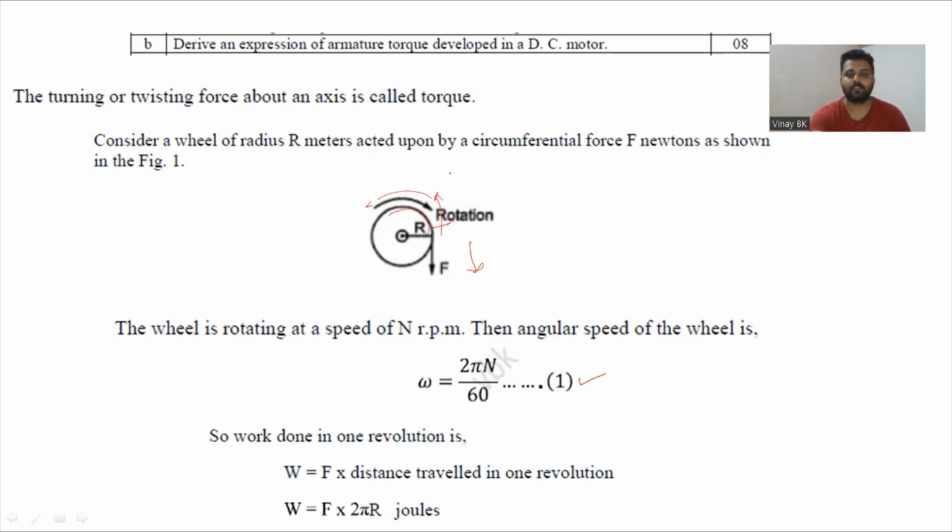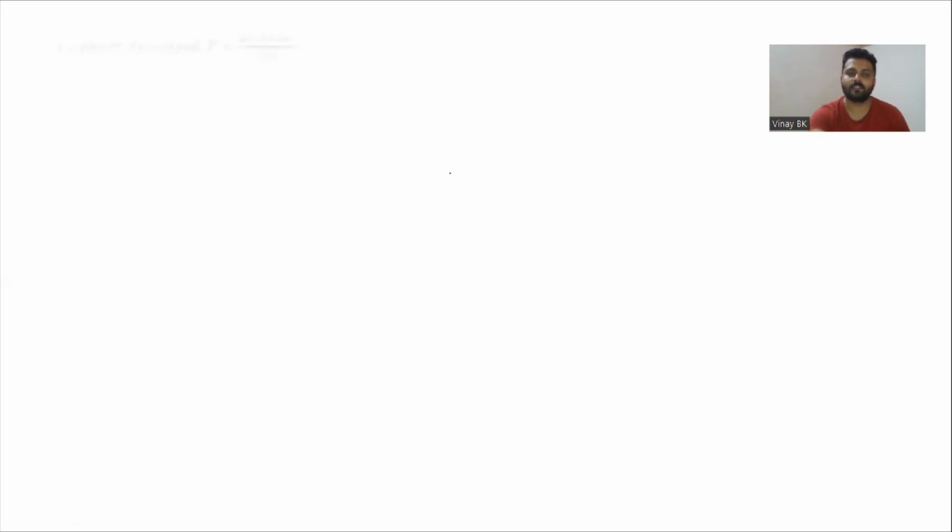So first you write the definition, then you consider a wheel with a radius that experiences a force, then you define the angular speed 2 pi N by 60. After that you define the work done, that is force into distance traveled, F into 2 pi r. Once you have the work done, you define power.